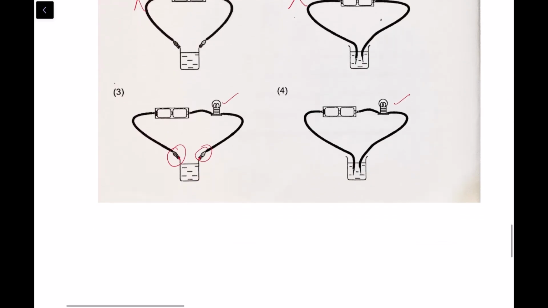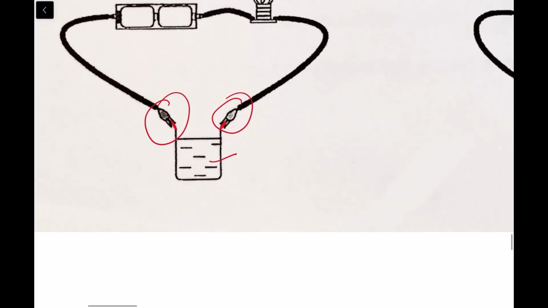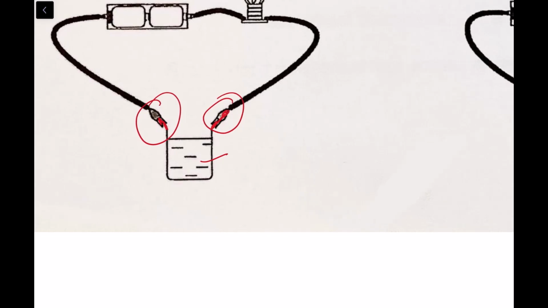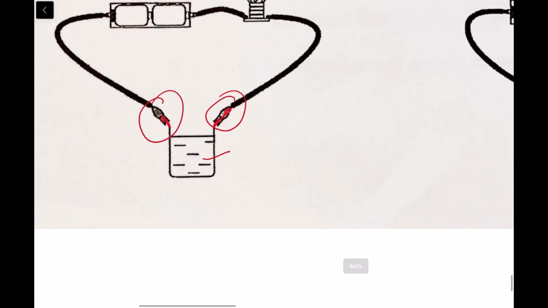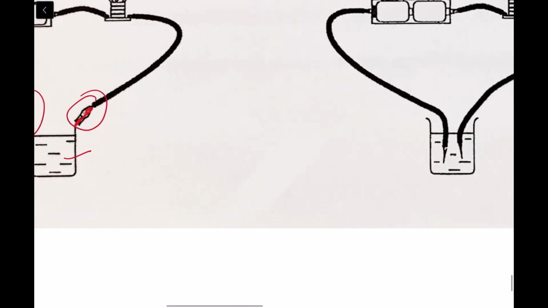So in that case, even if X happens to be an electrical conductor, since the clips are connected to the glass beaker, an open circuit will be formed. So you won't be able to confirm whether X is or is not a conductor of electricity.